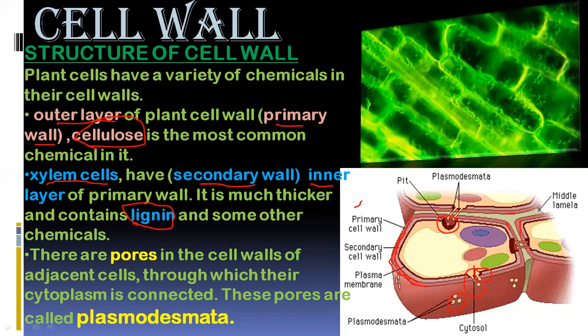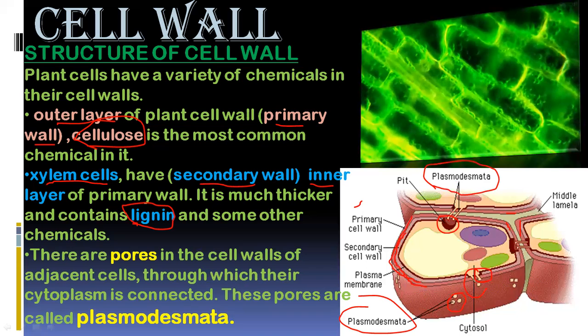These are the connections of the innermost cell membrane and cell wall also. These are called plasmodesmata. Outer you can see here and inner you can see here.